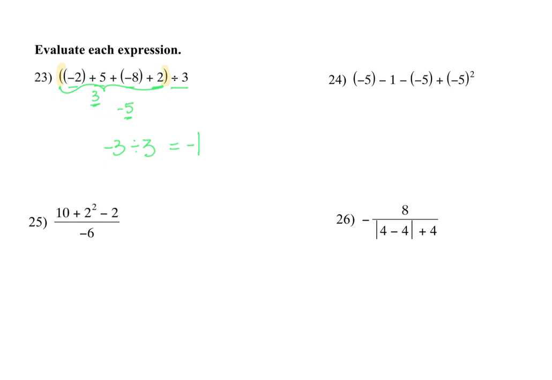On the next one, I have exponents. The negative is inside my group before it is squared. What is that -5 squared? +25 because the negative is inside. So I have -5 minus 1 minus a -5 plus 25. You may want to change these to adding the opposite.